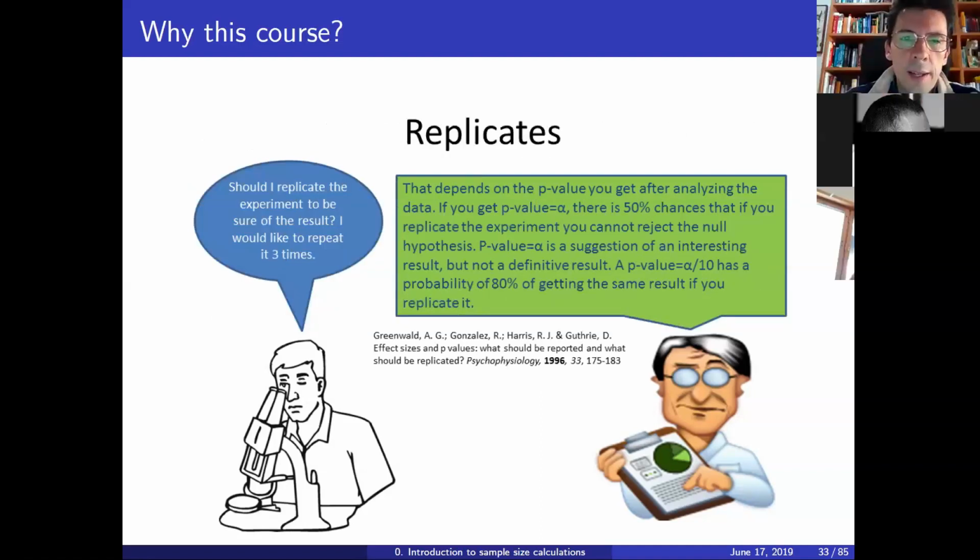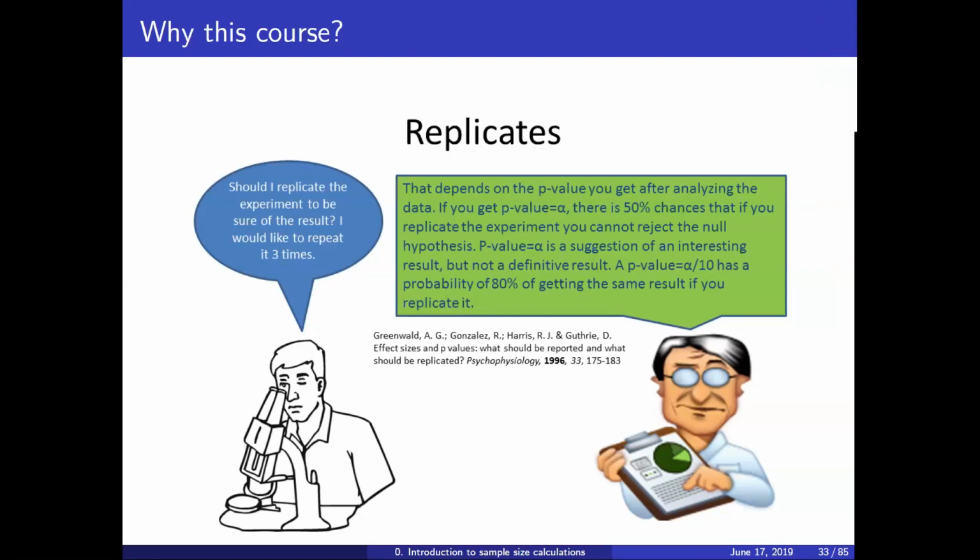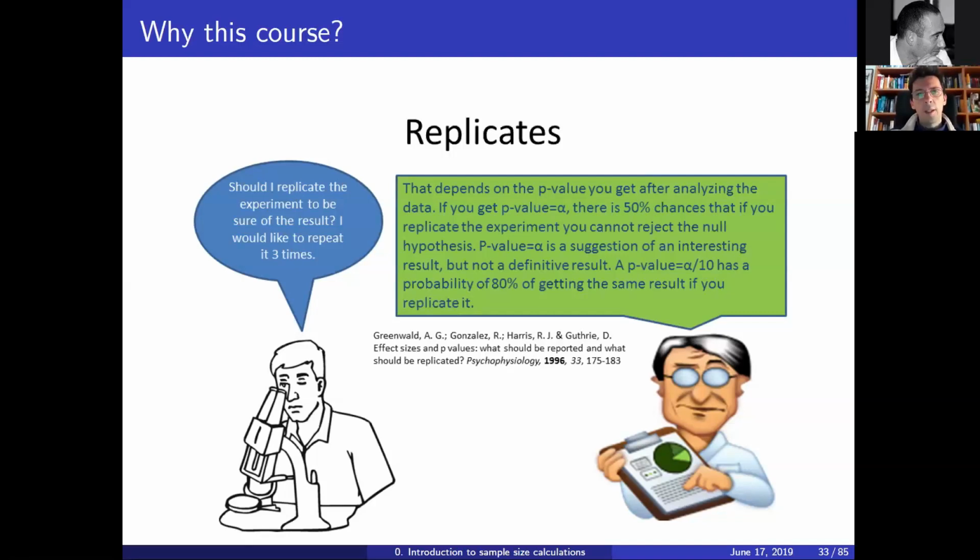Then some people think that you should always repeat your experiment 3 times just to show that the result is significant. And this is not true. How many times you have to repeat your experiment depends on the p-value that you have.